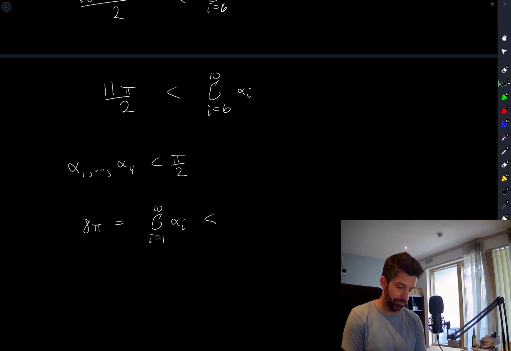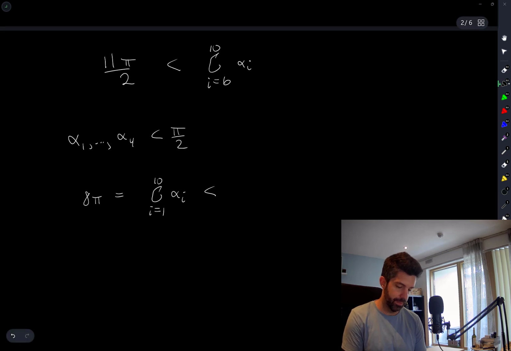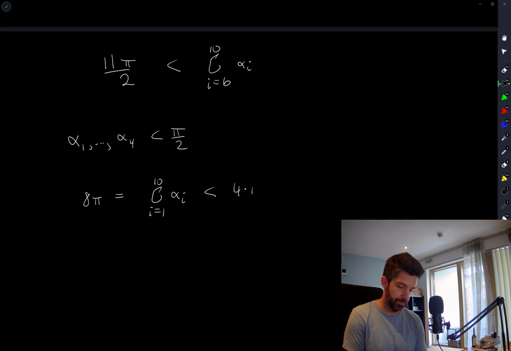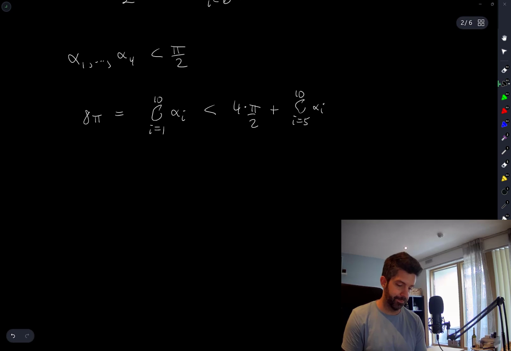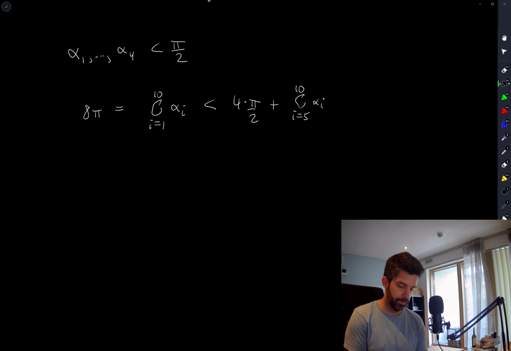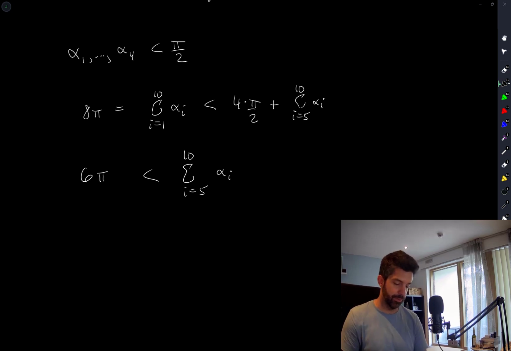But if I replace the first 4 with pi over 2, then that's 4 times pi over 2 plus the sum, i goes from 5 to 10 of alpha i. So on the left-hand side, I have 6 pi less than the sum, i equals 5 to 10 of alpha i. This is still a contradiction, isn't it?